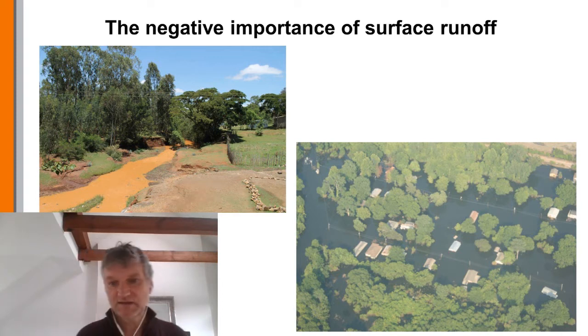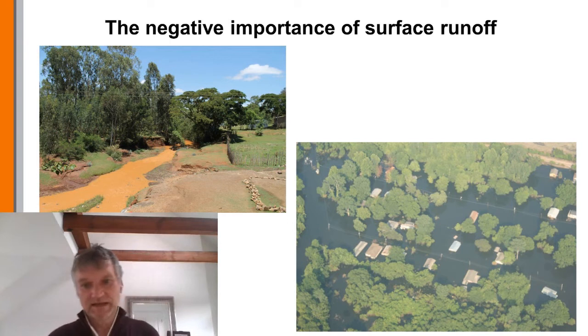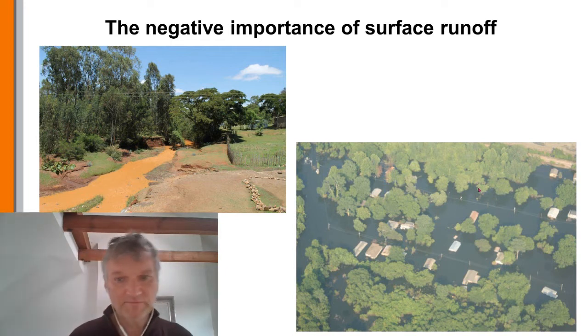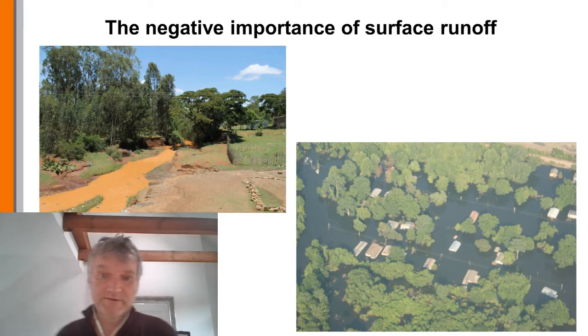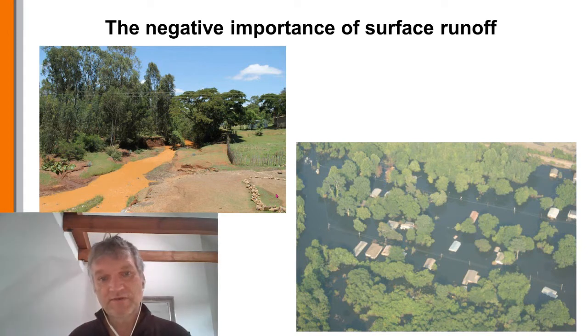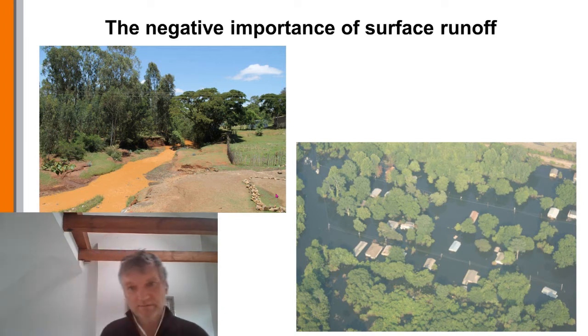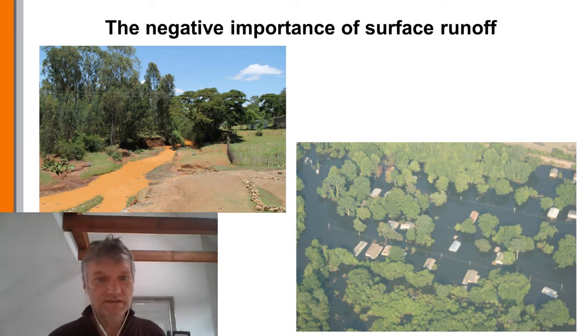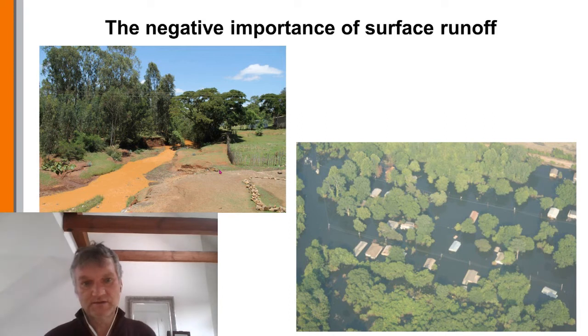When this is not the case, then it goes to the river. It starts as rainfall, will be transformed into surface runoff, goes to the next river, and then the river makes flooding.